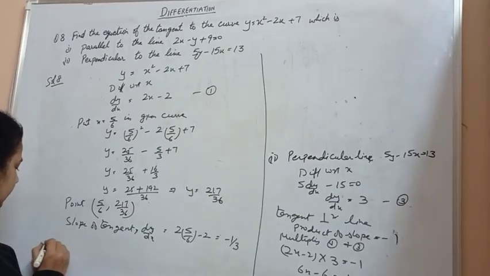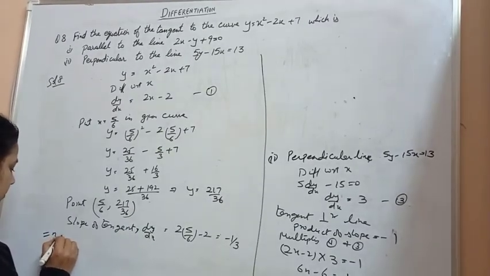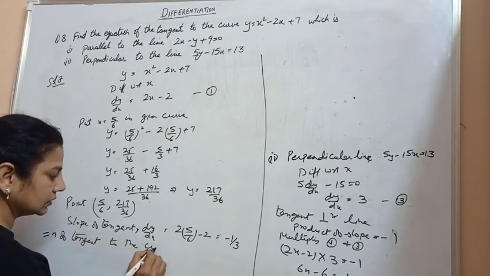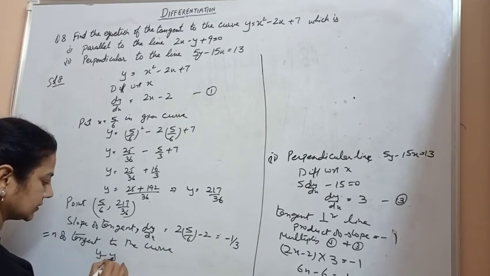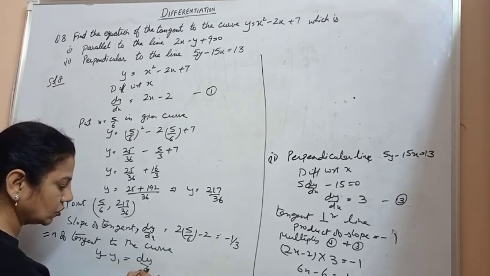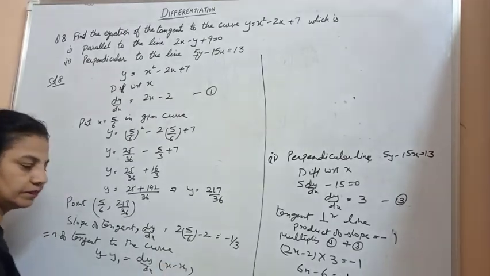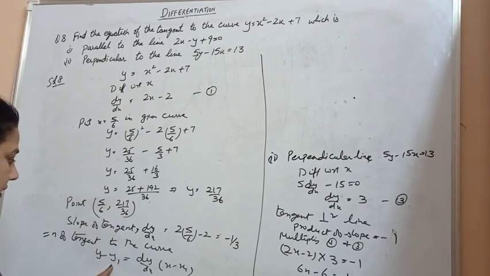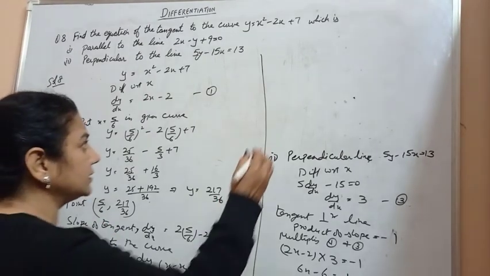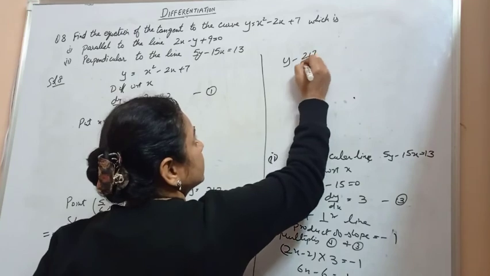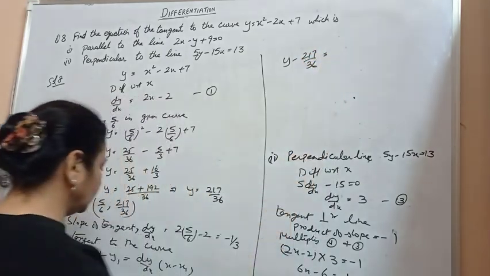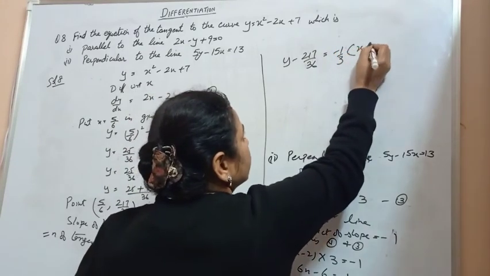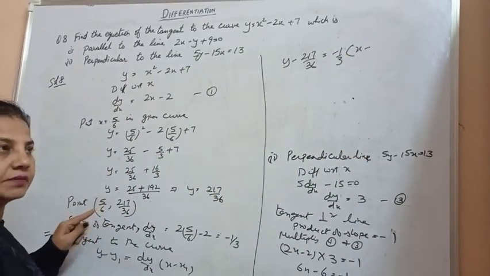The equation of tangent to the curve is y − y1 = slope (x − x1). The point is (5/6, 217/36). So y − 217/36 = −1/3 (x − 5/6).